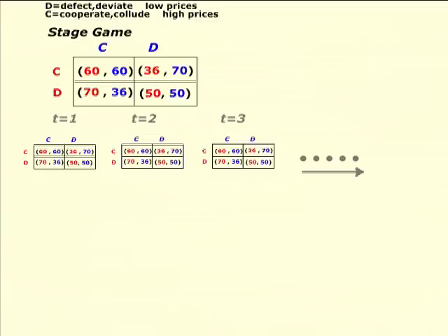Now, in these repeated games, a really interesting concept is the idea of a trigger strategy. Remember, in a repeated game, there's this interaction going on, and it's a sequential game, so the players can turn around and see what happened in previous periods or plays of this game. So their strategies could be made conditional on, or dependent on, what has happened in the past, and that's the key, a new strategic idea here.